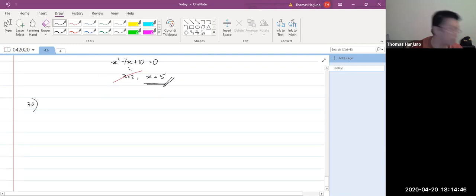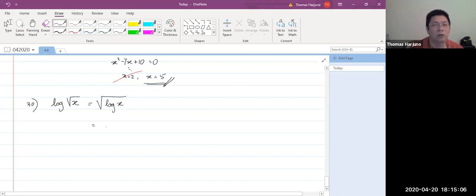Number 30, for example: log of square root of x equals square root of log x. Now, how to do this one?